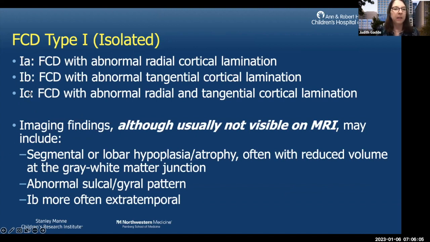So again, these descriptions are going to be pathologic descriptions, but in regards to imaging, these often are not visible on MRI, but they can be. And some of the things that you can look for or see are segmental or lobar hypoplasia or atrophy, which can be as subtle as seeing reduced volume at the gray-white matter junction, and then any abnormal sulcal gyral pattern. And we'll go through each of these subcategories of type 1.